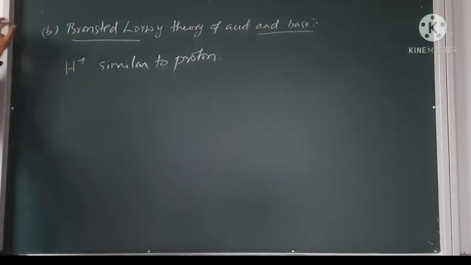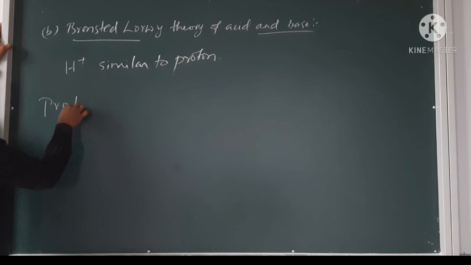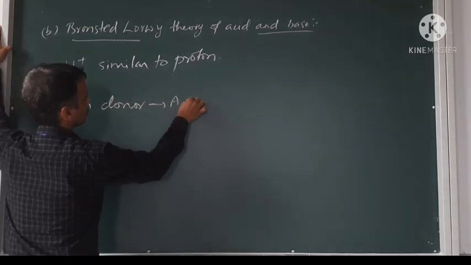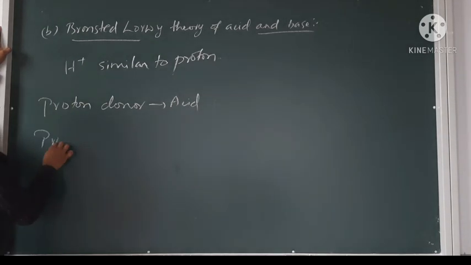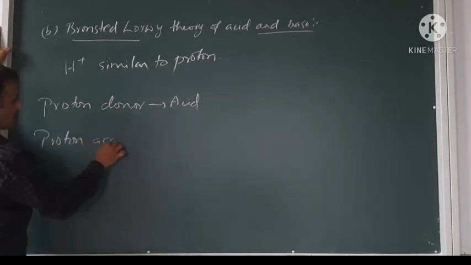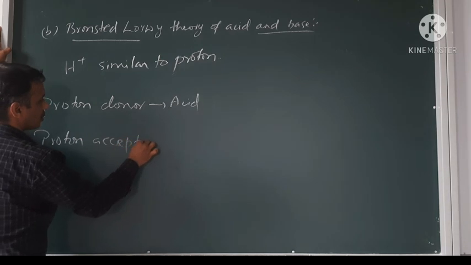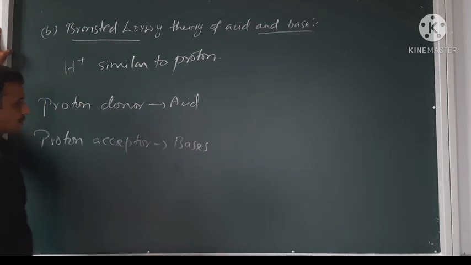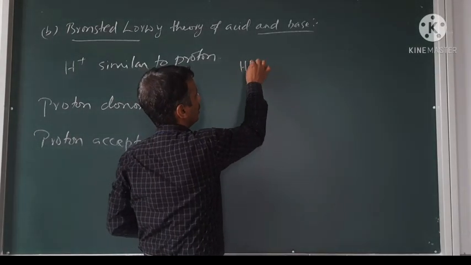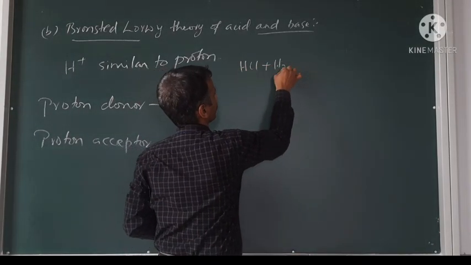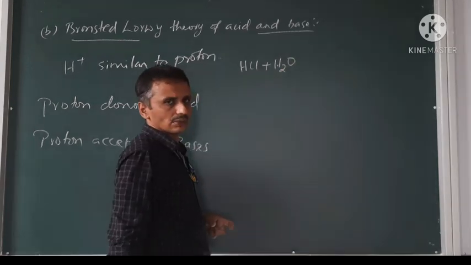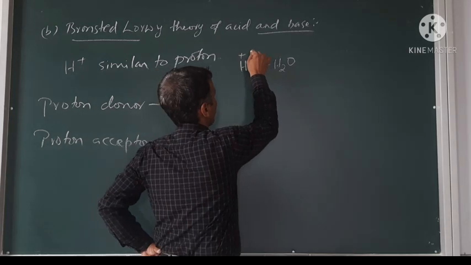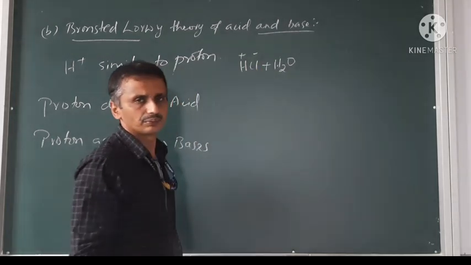So, according to this, proton donor is acid, proton acceptor is base. Note it properly. Example, HCl dissolved in water. See, in the water, HCl will ionize as H plus and Cl minus.